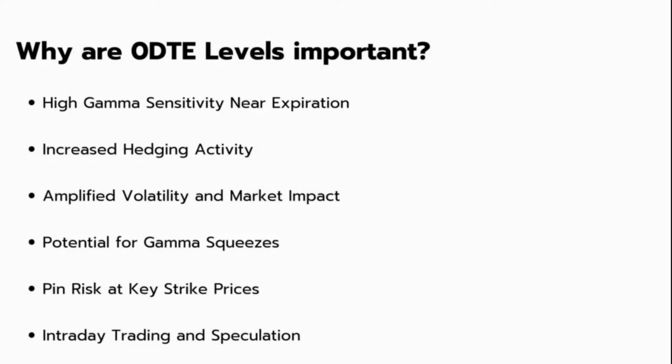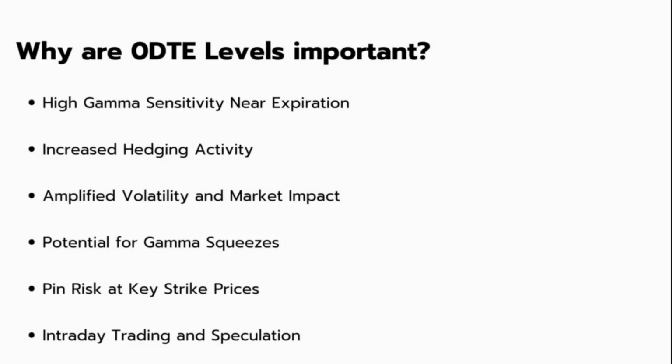And as the option approaches the expiration, especially the at-the-money options that typically have the highest gamma, they can be very sensitive to every change in underlying price. So the gamma and the delta of the option change really quickly. And as a result, on the other side, the delta hedging activity has to be really adjusted. And that's why we see typically a lot of intraday movement, especially with the 0 DTE levels.